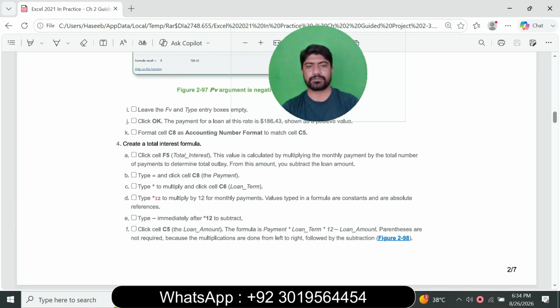Click cell C5, the loan amount. The parentheses around payment times loan term are not required because multiplications are done left to right, followed by the subtraction.